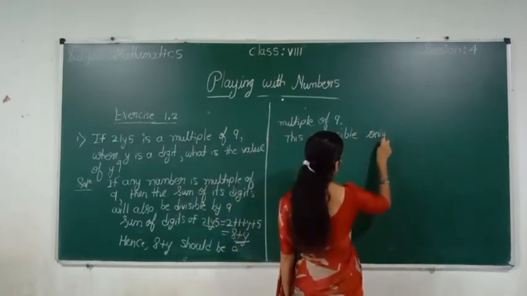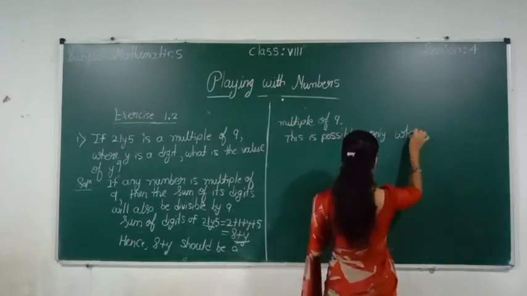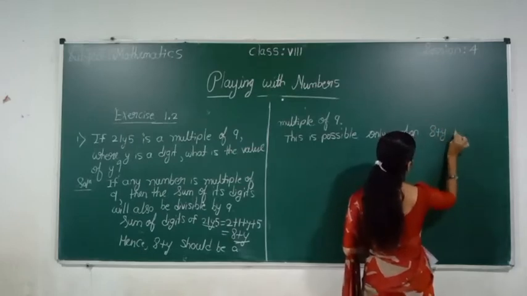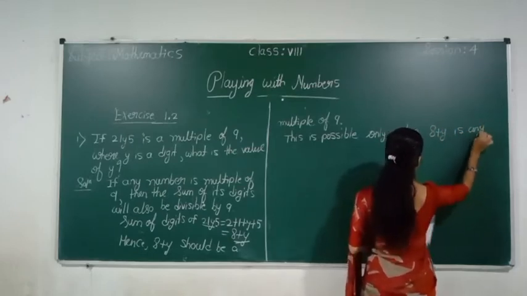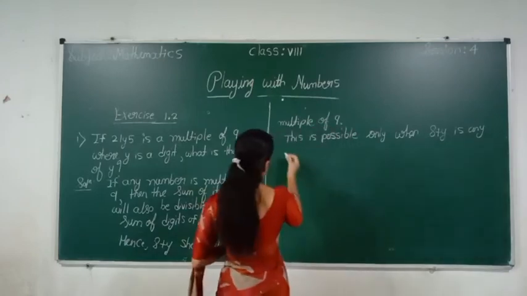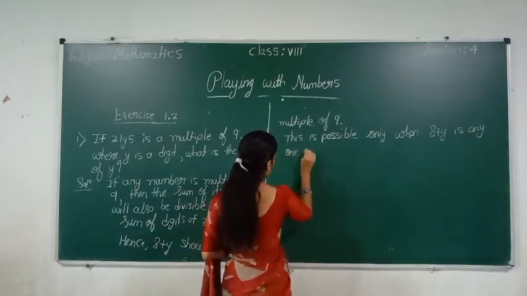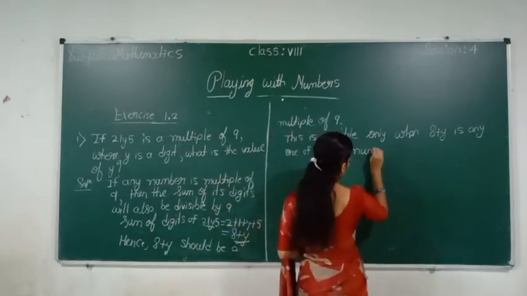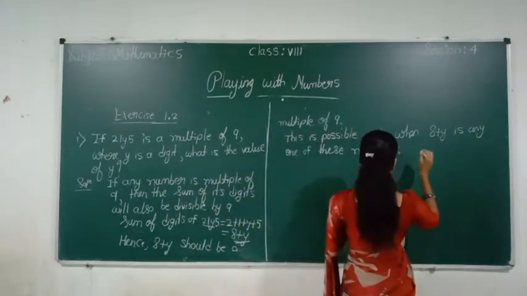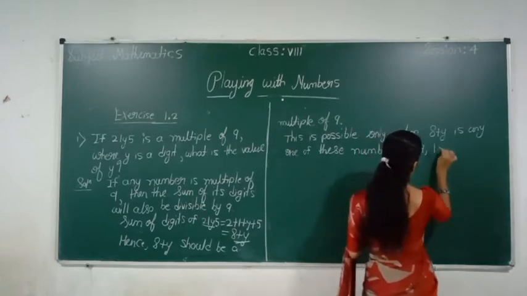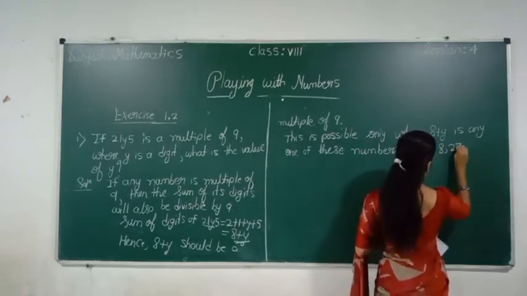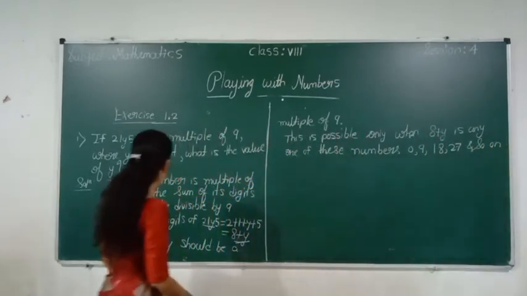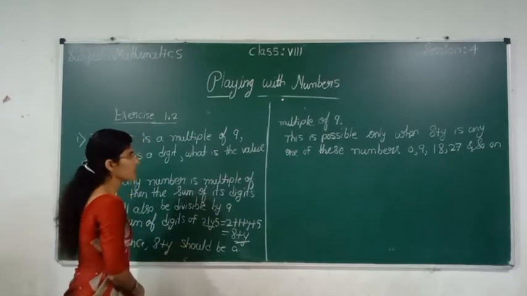This is possible only when 8 plus y is any one of these numbers, that is 0, 9, 18, 27 and so on. Now see here students, 8 plus y should be a multiple of 9, right?